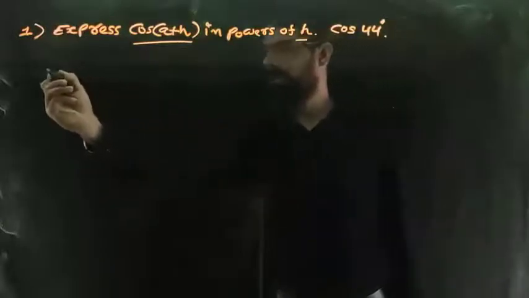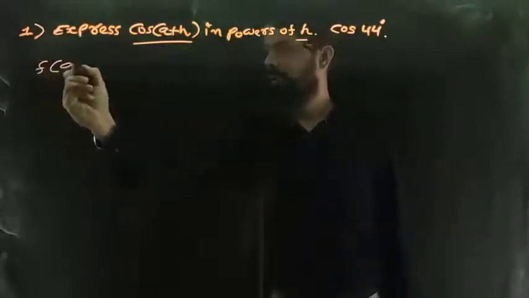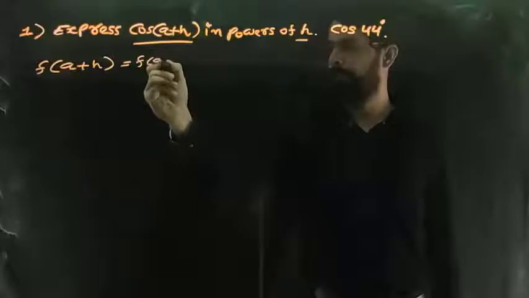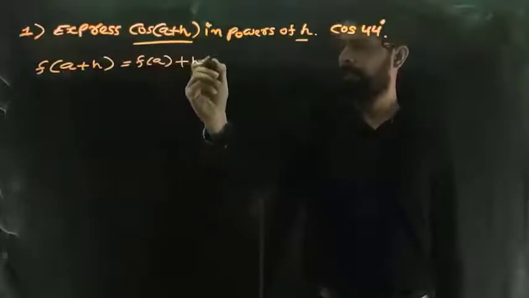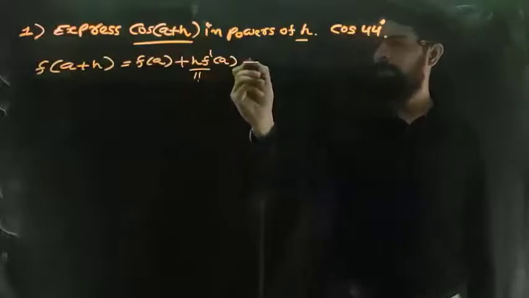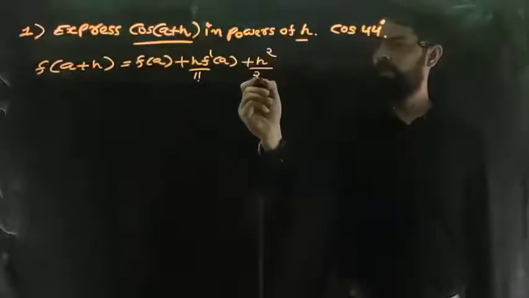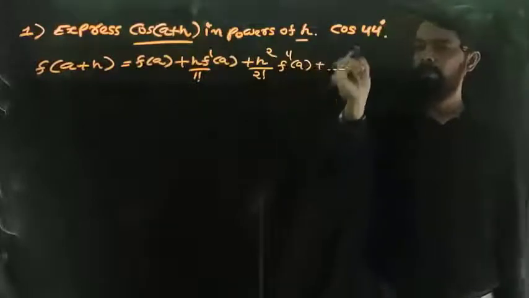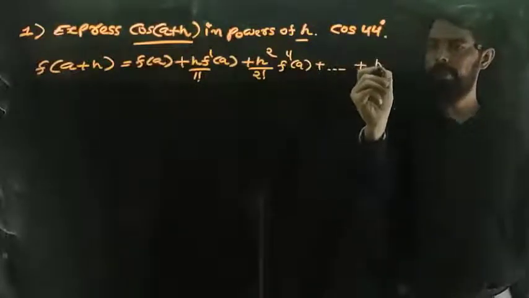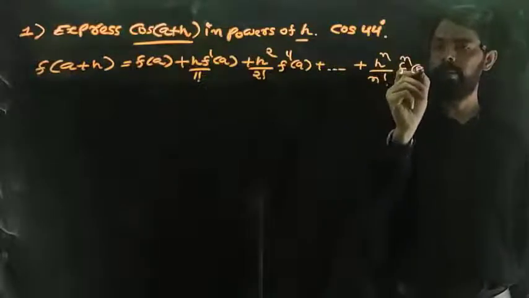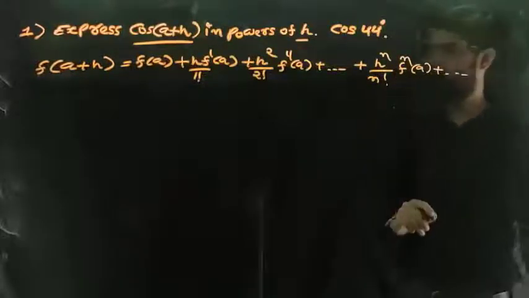As discussed earlier, the Taylor series of function a plus h is given by f(a + h) = f(a) + h f'(a)/1! + h^2/2! f''(a) + and so on, plus the nth term h^n/n! f^n(a) + and so on.